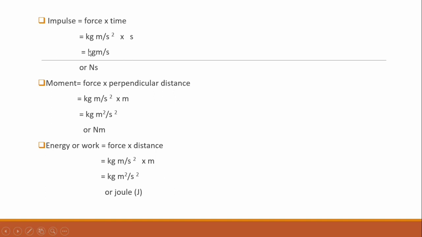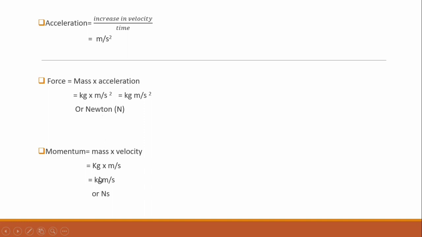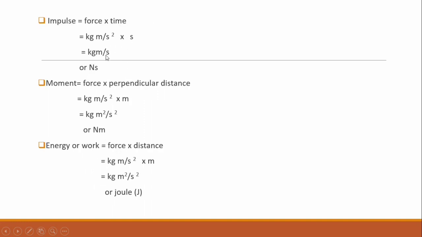So you have impulse to be kg meter per second or Newton second. We can see that momentum and impulse have the same units.